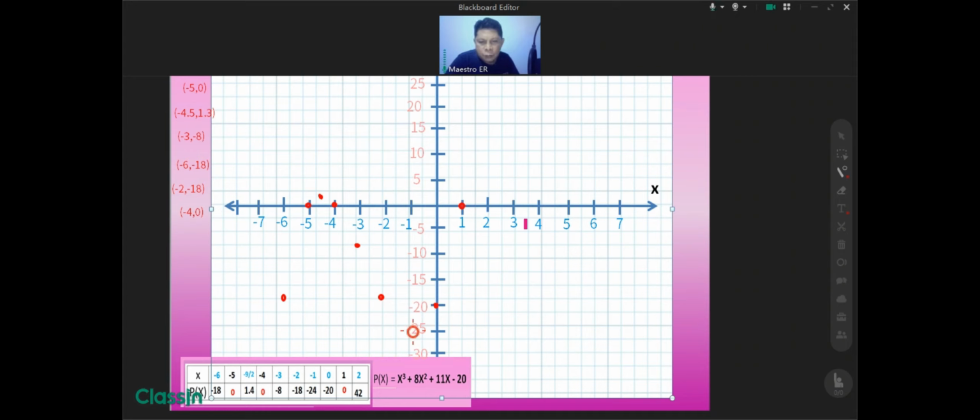Negative 1, we have negative 24, aligned to negative 1 and negative 24. If 0 is negative 20. And then for the 2, the value of y is 42, but our graph is limited up to 25 only. So do not plot the points yet, but we know already that the graph goes up to the extreme right.